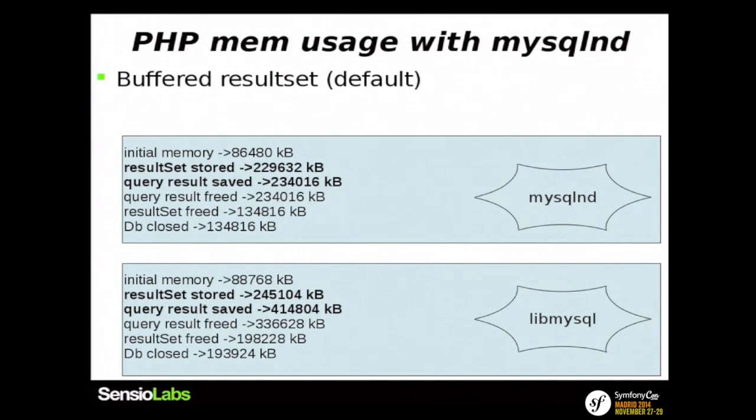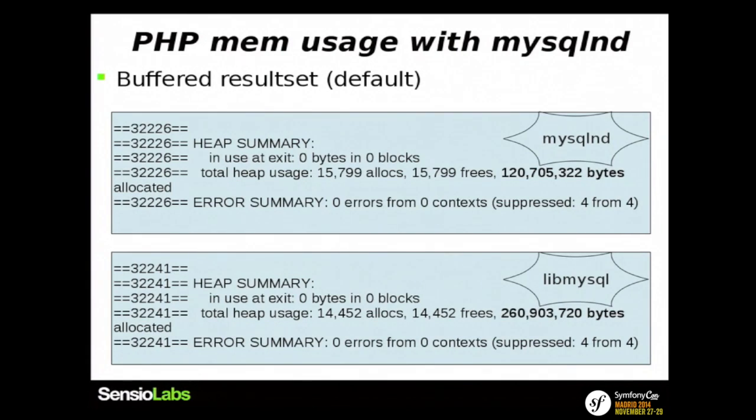It's something like 229 megabytes for the result set, and then as I fetch, I grow to only 234. It's just a 4 megabyte difference. When you use libmysql, it's a 200 megabyte difference, because libmysql will allocate the result set in its own buffer, and PHP as well, which is pretty bad for you.